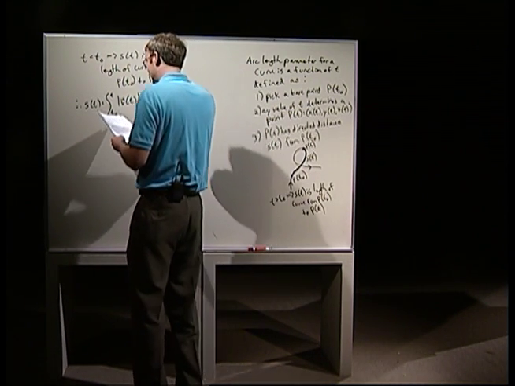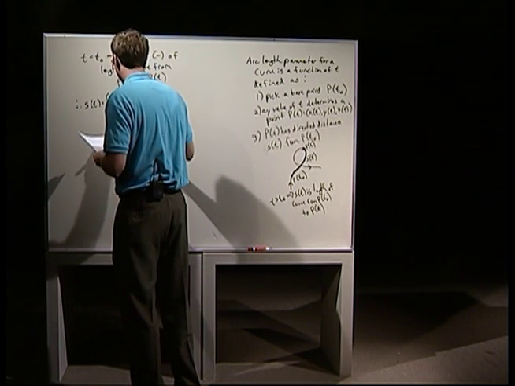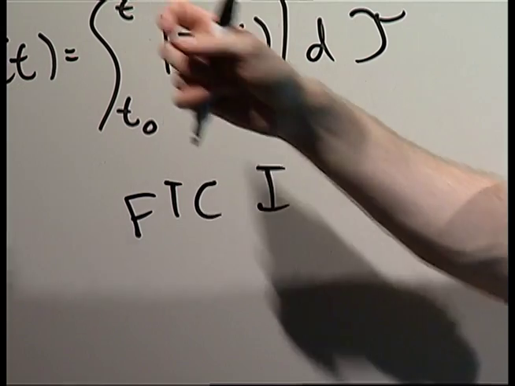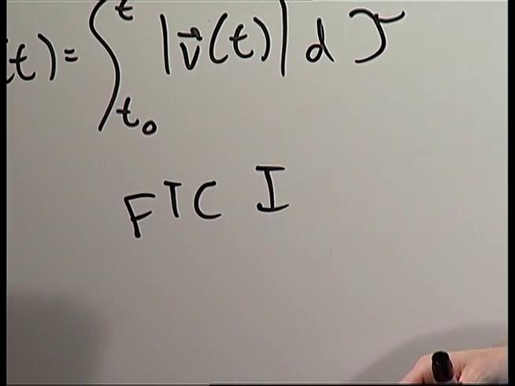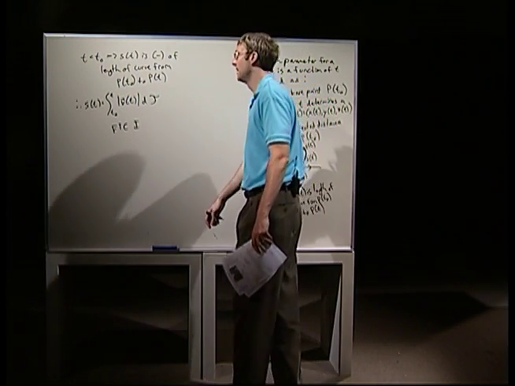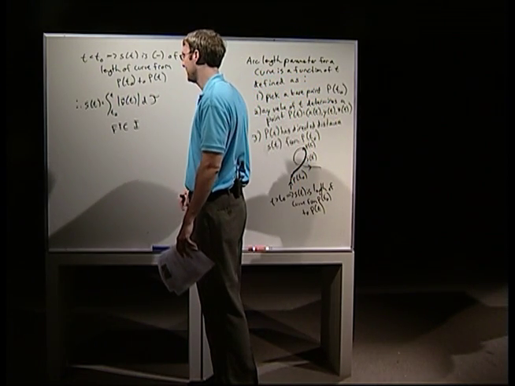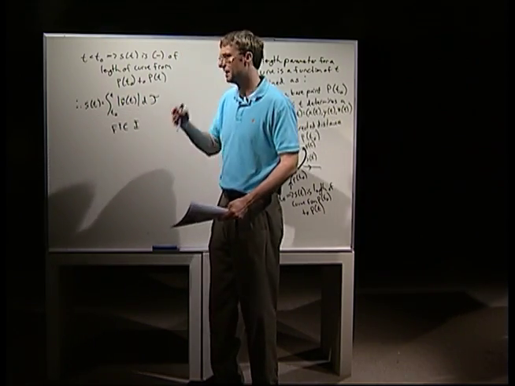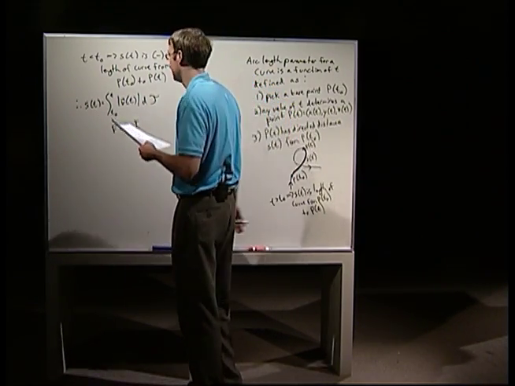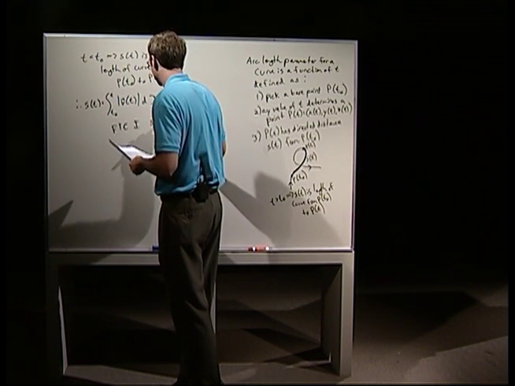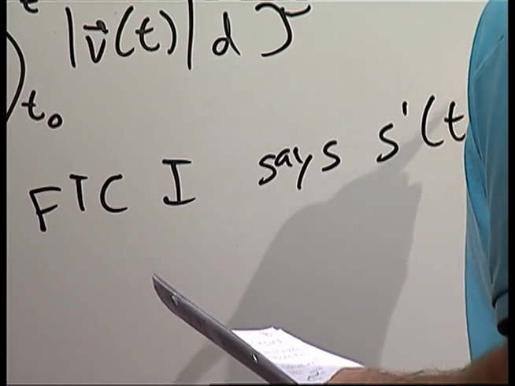So what do we know about this now? Think back to FTC1 from single variable calculus. We have a fixed point, a variable upper limit. What does FTC1 say? It says integrate the derivative and get back to the original function again. I'm saying that wrong.